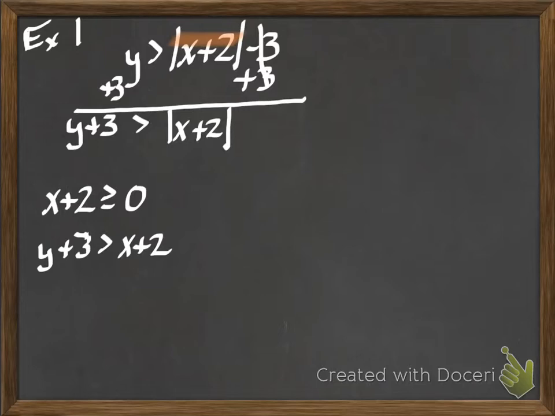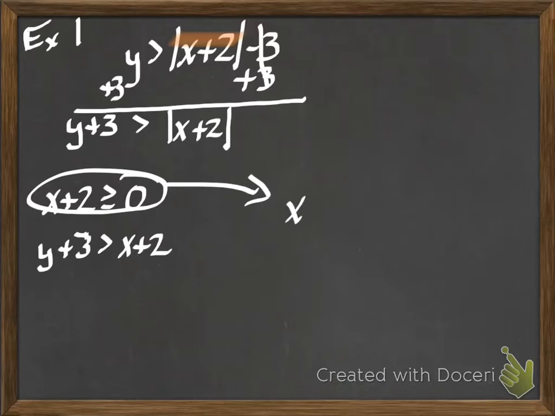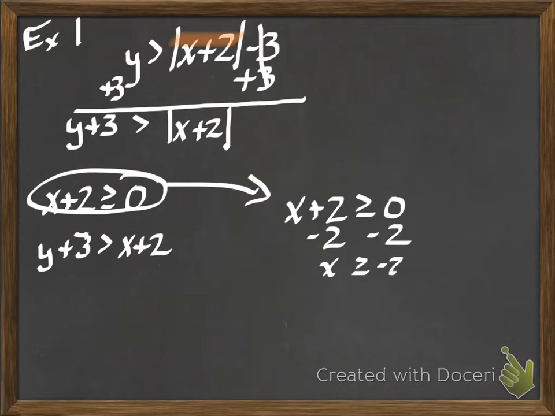And so I need to think through how I would solve that first one, x plus 2 is greater than or equal to 0. I'm just going to show the work over on the side. x plus 2 is greater than or equal to 0. I'm going to subtract 2, and that gives me x is greater than or equal to negative 2. That is really what I am considering in that center spot.